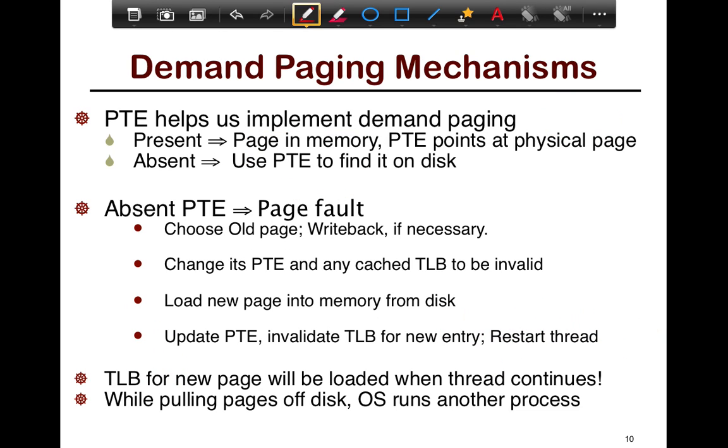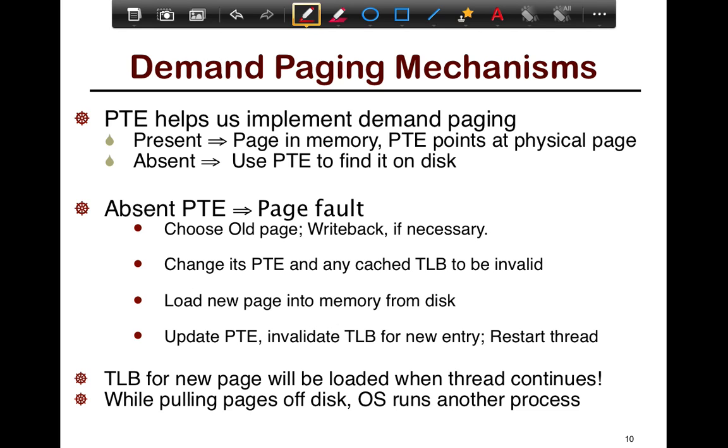Okay. So the page table entry helps us implement demand paging. On an absent page table entry, which is a page fault, you choose an old page, write back if necessary, change this page table entry, load the new page from disk, update the page table entry, and restart the thread. So this is the set of steps that you follow on a page fault, right?